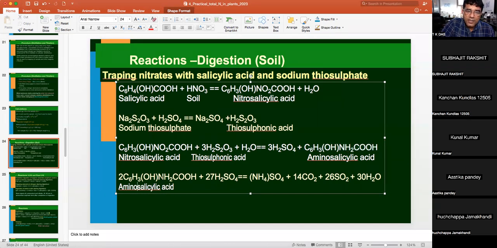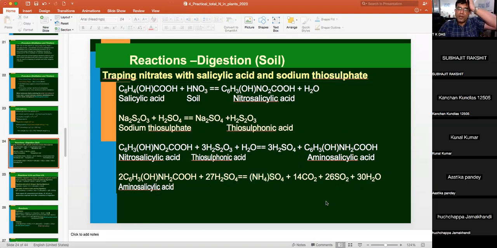Then aminosalicylic acid is further decomposed by sulfuric acid into ammonium sulfate, CO2 is released, SO2 is released, and water is formed. So these reactions are important. You may try to learn these reactions in this practical, and you can see how intelligently this nitrogen has been converted into ammonium.